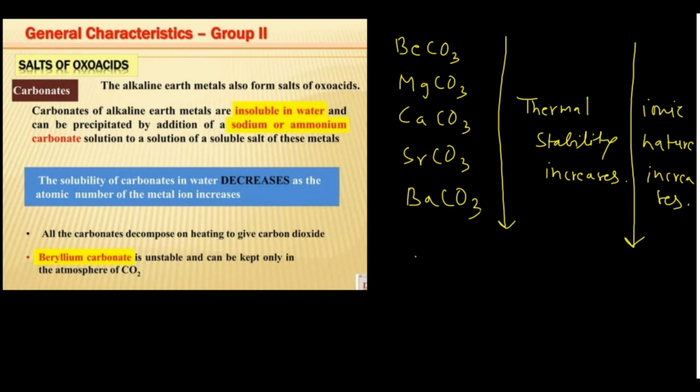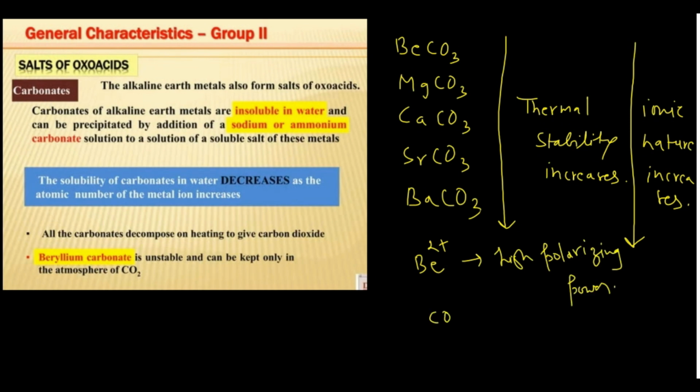You know, beryllium, Be2 positive, is a very small ion, right? And on this small region a 2 positive charge is present. So high charge is concentrated in a very small region, so its polarizing power is very high. So what can happen in that case?